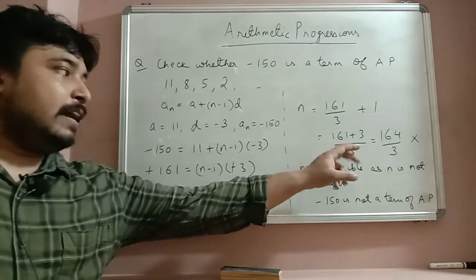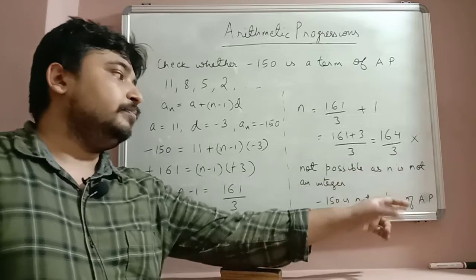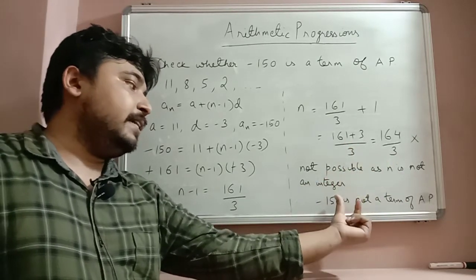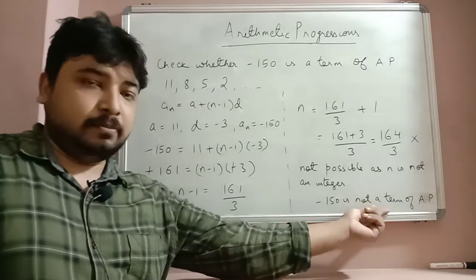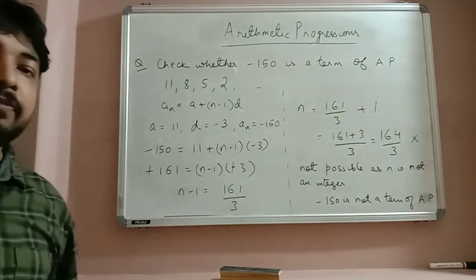So here we got the value of n as 164 by 3, which is not a whole number. So simply not a positive integer. So simply we can say that minus 150 is not a term of the AP. I hope this is clear to everyone.